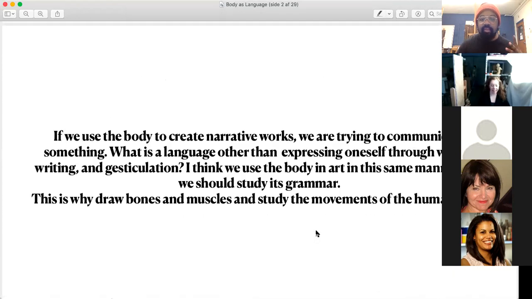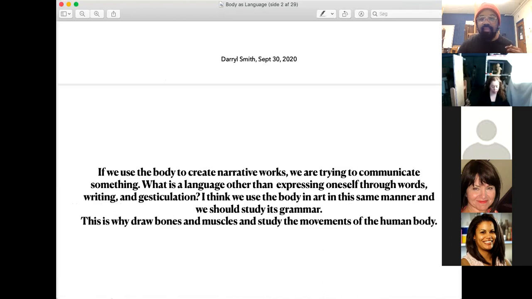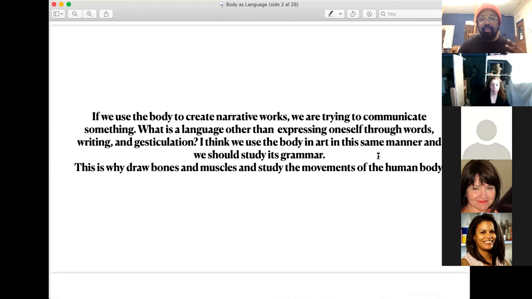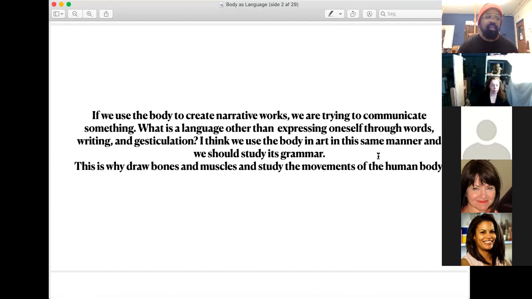This is, I guess, kind of my artistic philosophy. I feel like since we communicate verbally and with words, we are just as capable of communicating visually.